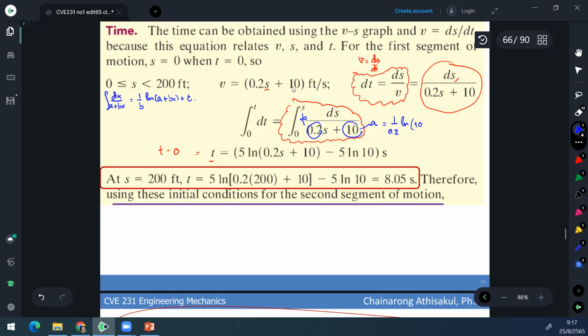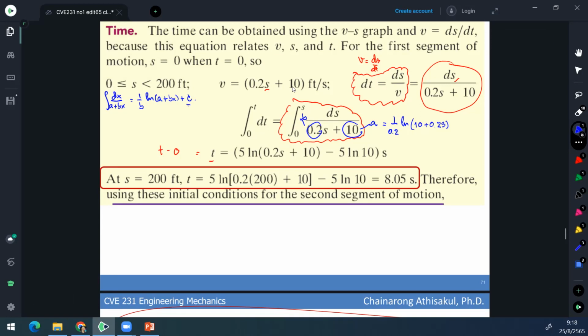The plus C means that we integrate without limit.